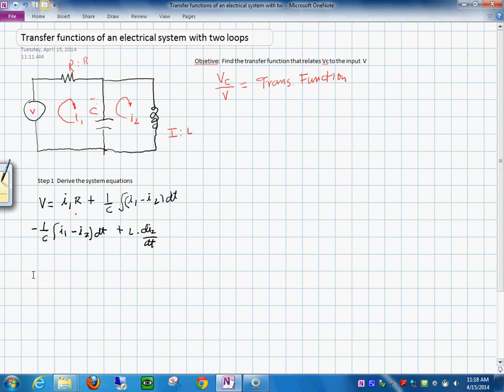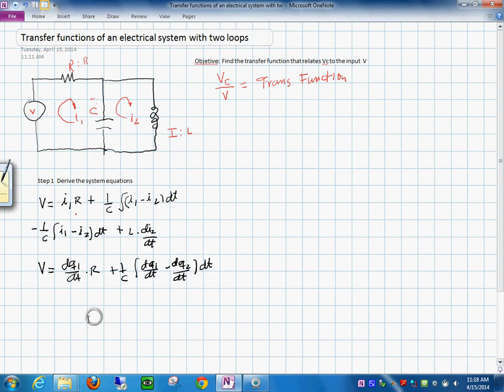We could write them in terms of the variable q to eliminate these integrals in here. So this is dq1 dt times R plus 1 over C times the integral of q1 minus q2 dt equal, like this.